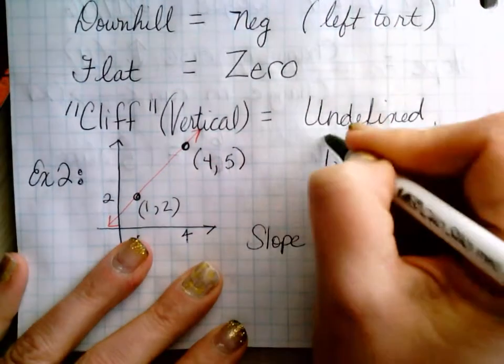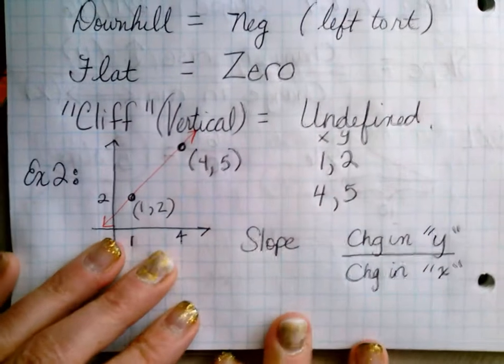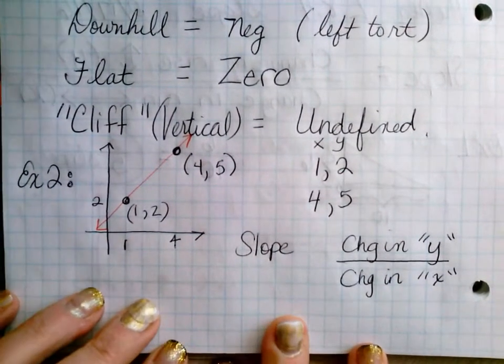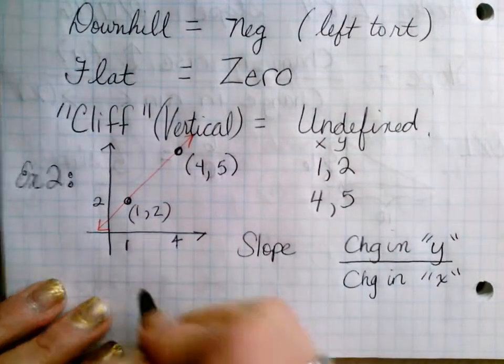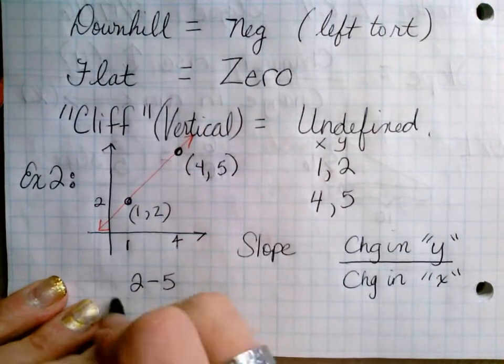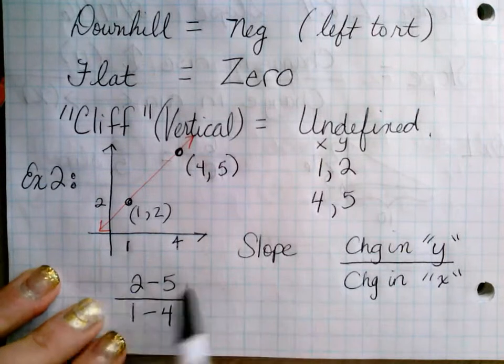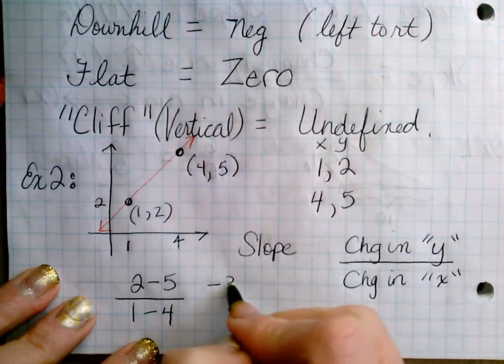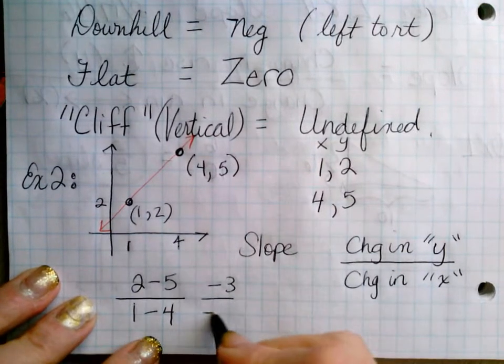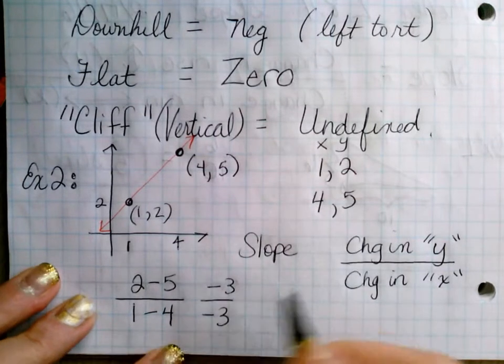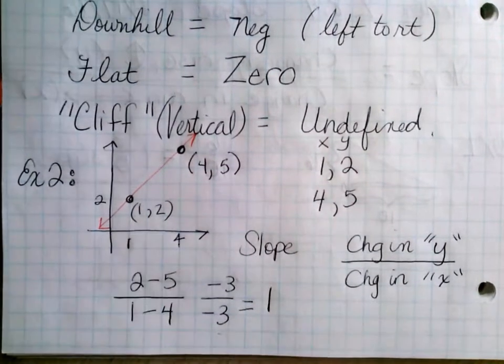Okay? So this is x, this is y. I can do it either way. 2 minus 5 over 1 minus 4, which is going to be negative 3 over negative 3. That divided by that is a positive 1, isn't it?